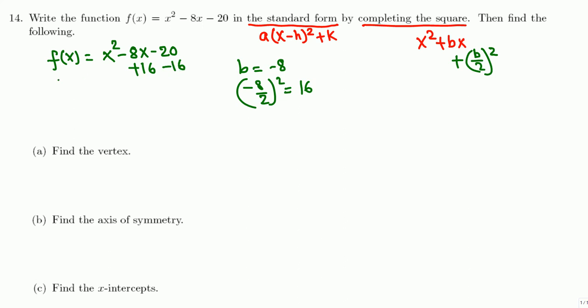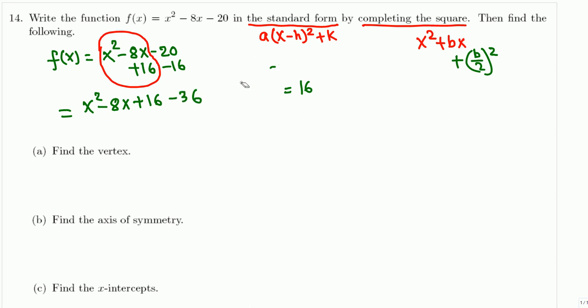Same thing. Now we'll put these three terms together: x² − 8x + 16, and we can combine these two terms, negative 20 minus 16, both negatives, so negative 36.